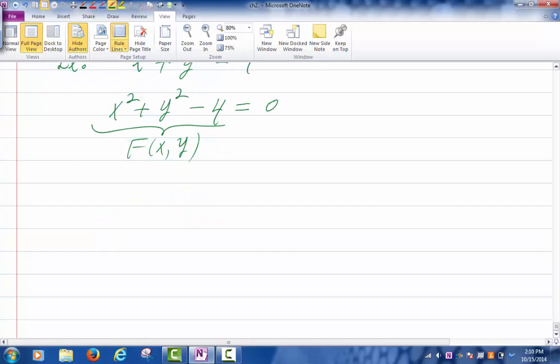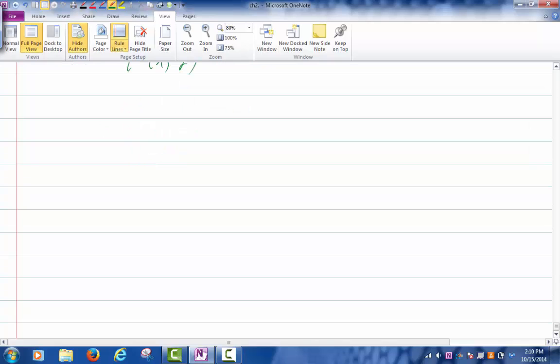So where do I want to go from here? I want to consider graphs of equations in two variables. If I give you an equation and you look at the graph of that equation, is that generally a function? That is, does the graph represent y as a function of x?